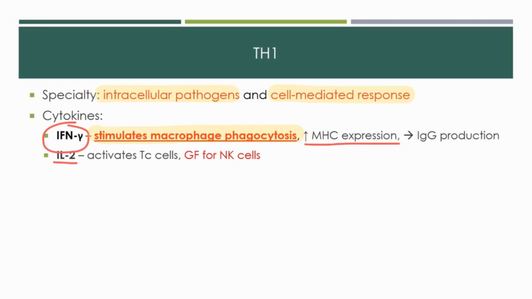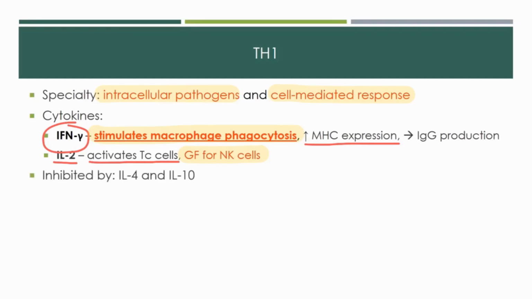We saw a few slides ago that IL-2 is a requirement for the activation of cytotoxic T-cells as a second signal, and we already know that it's a growth factor for all T-cells and natural killer cells, which as we have said are basically the cytotoxic T-cells of the innate system. So all of this again fits our overall narrative of Th1 cells triggering a cell-mediated response against intracellular pathogens.